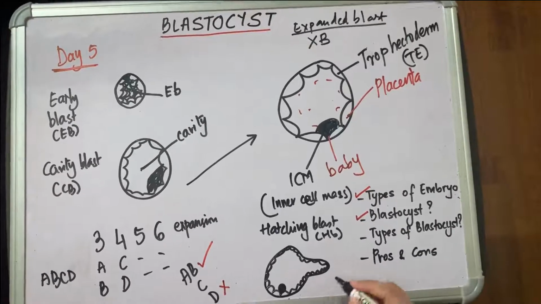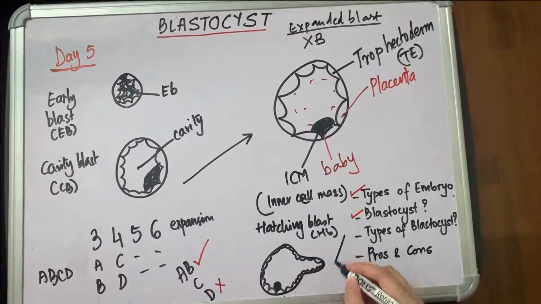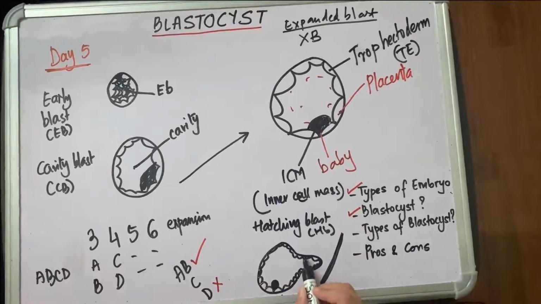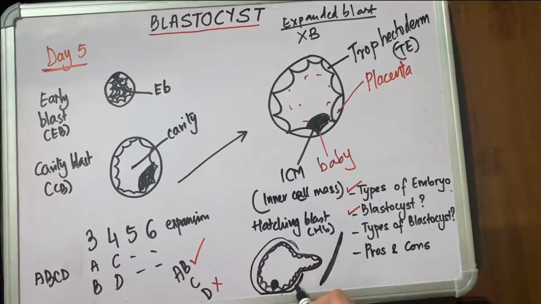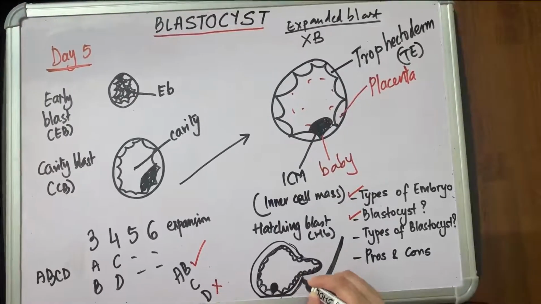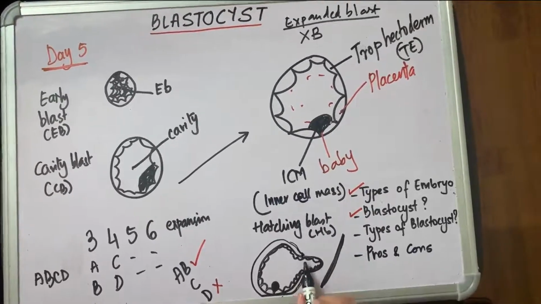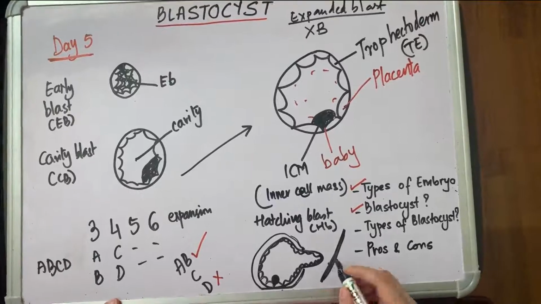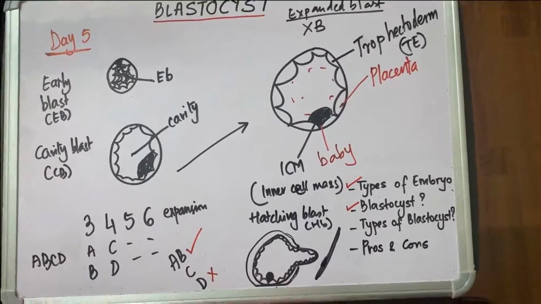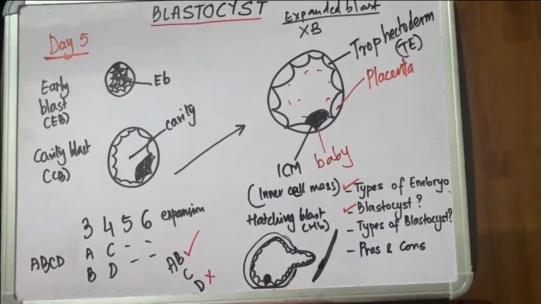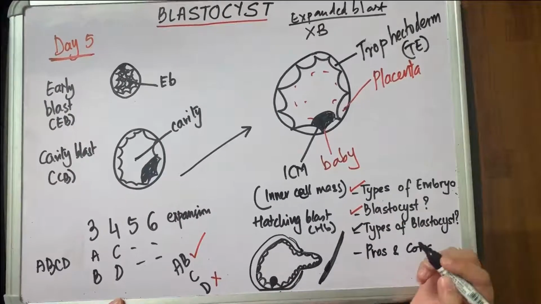So to give you a perspective, say if this is your hatching, this is the lining of the uterus, it needs to start coming off the protective layer or the protective boundary, which is the zona. So it starts hatching, and once it sticks on it, like the hatching blast, that's when we say that the patient is pregnant. So these were the types of blast.